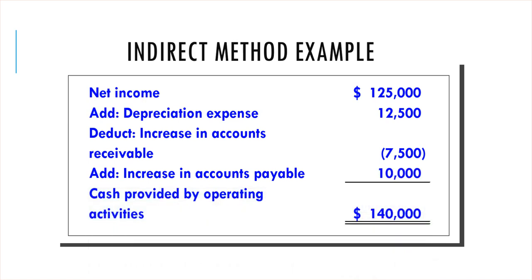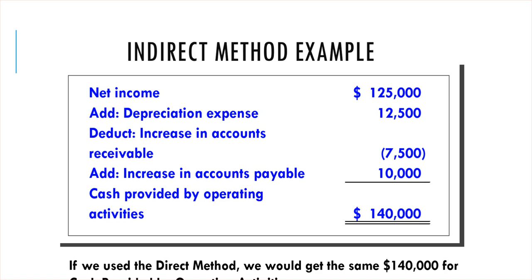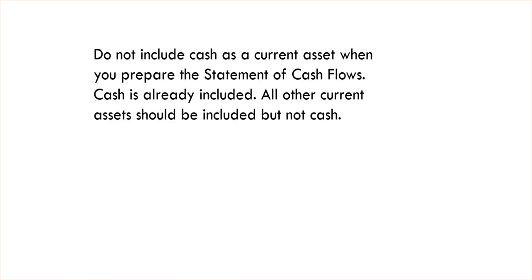And then when you work through this, that's all they have, and they come up with cash provided from operations of $140,000. Now personally, I'm looking at this and I'm saying 140 and 125, not too far apart. So I think that's pretty good. Do not include cash as a current asset.